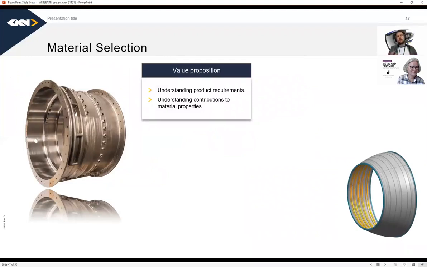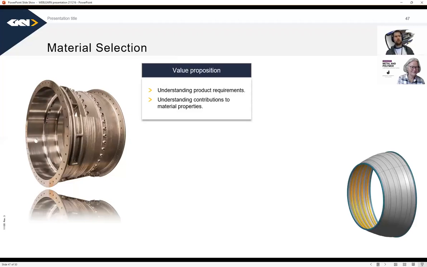Yes, and so then how can we use these tools? One of the main things that we can do is to use these for material selection for new components. And to be able to use tools like this for material selection, first we need to know what the product really requires. And these requirements can vary throughout a component.